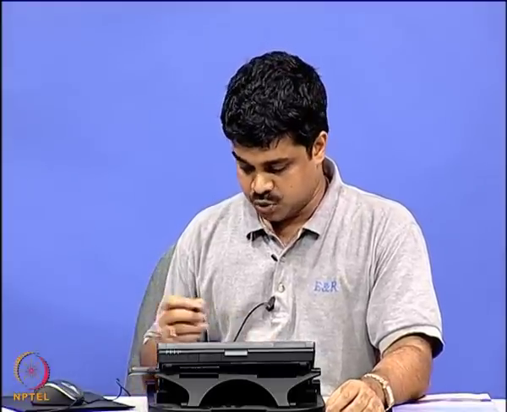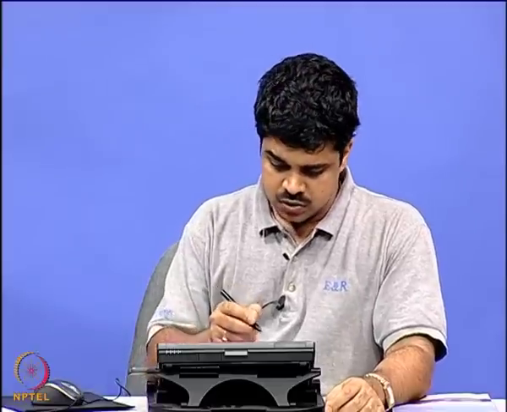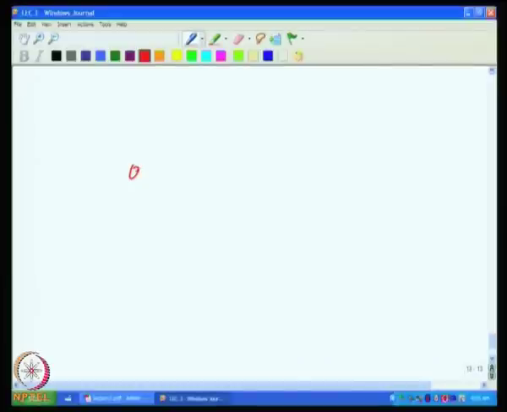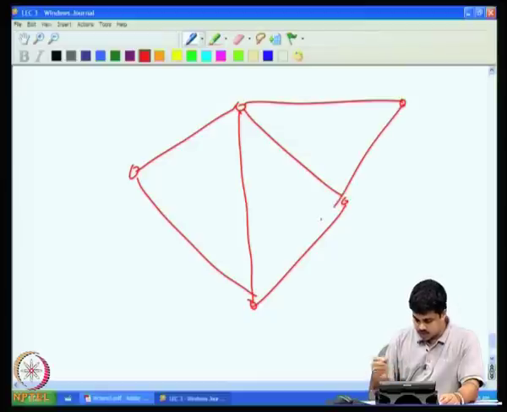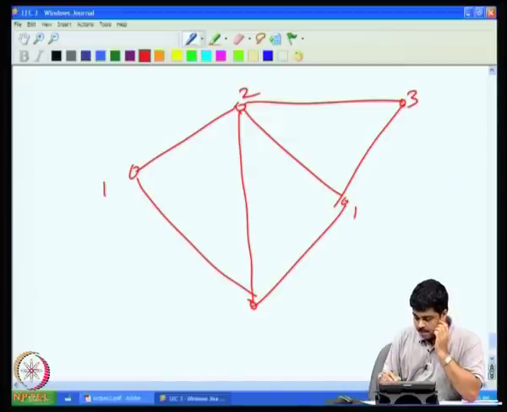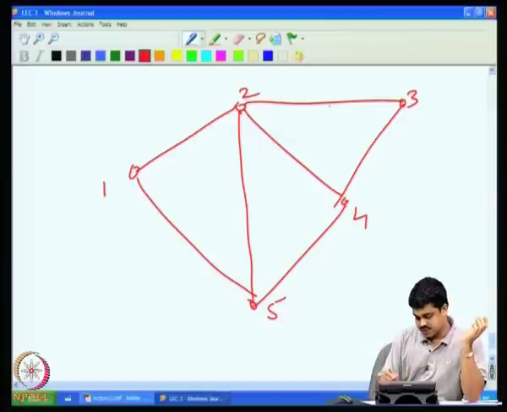Here the trick we are going to use is a concept called Euler tours. What is an Euler tour? You consider a graph. So here is a graph. You can consider these edges as roads, and some car is starting a trip from here.